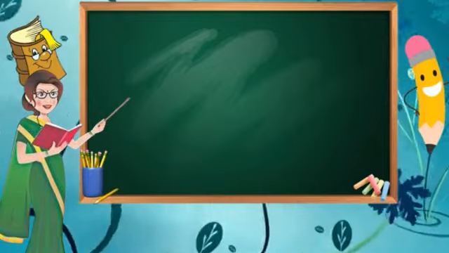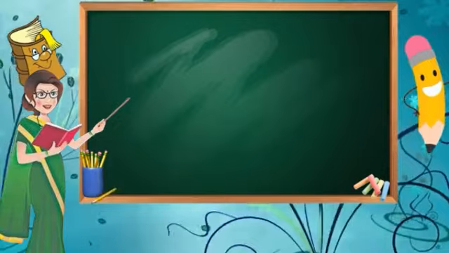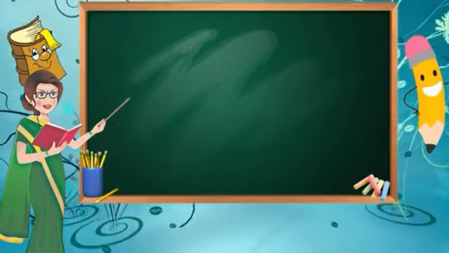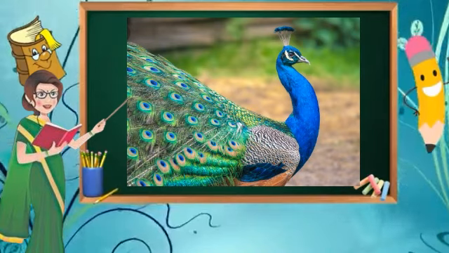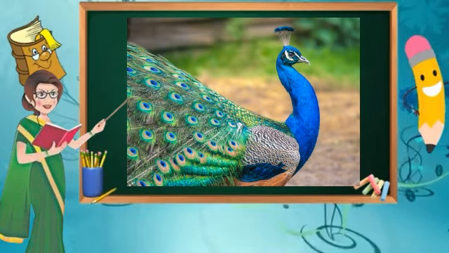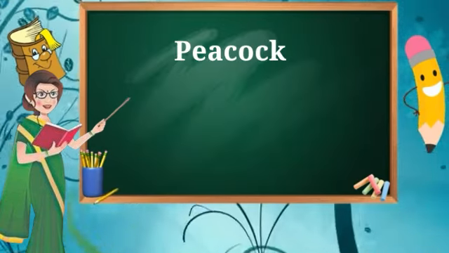Hello everyone, good morning. Before going to start today's topic, let me ask you some introductory questions. So, what do you see in this picture? Yes, it is a peacock. Now look at the word properly.